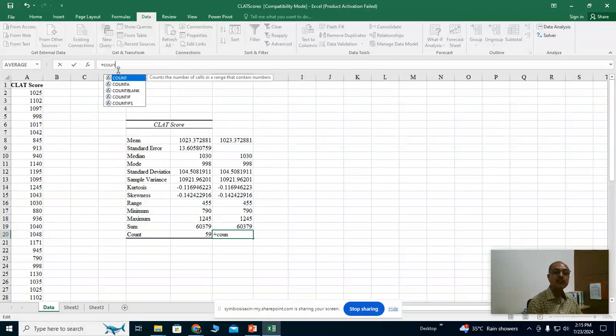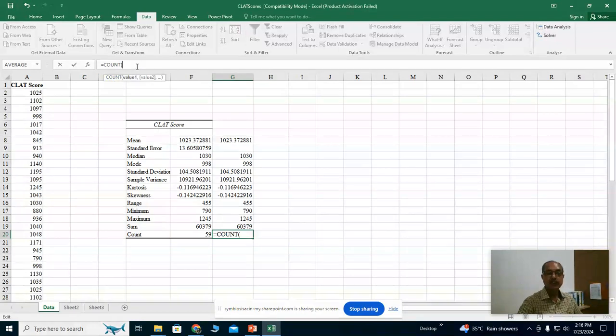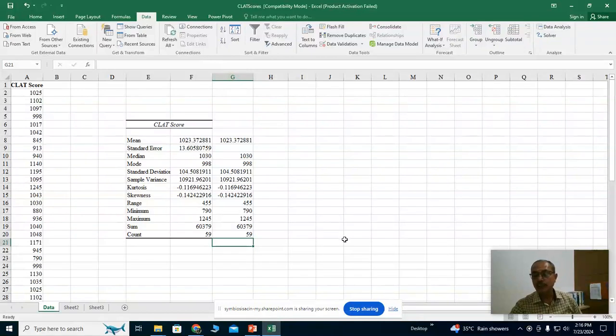You can use the count function. First put the equal sign, then select the count function. Then provide the data here, and just press enter. So this is how you need to calculate. Thank you so much.